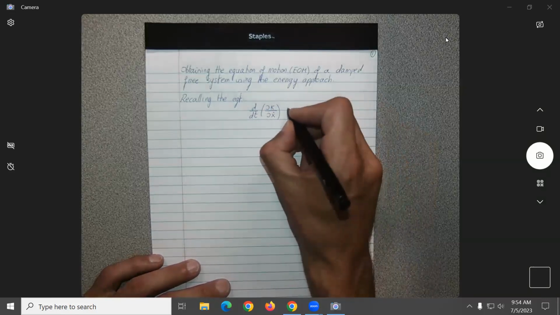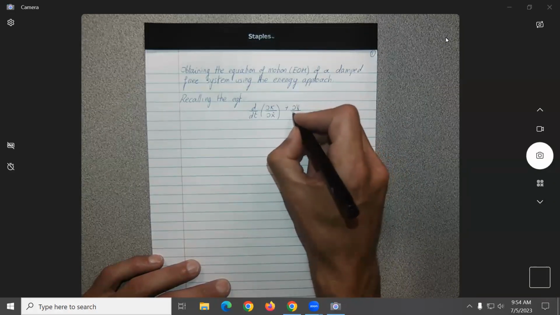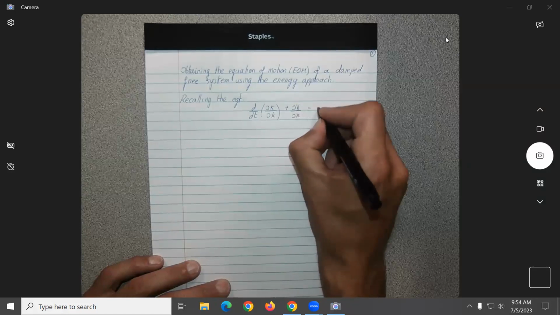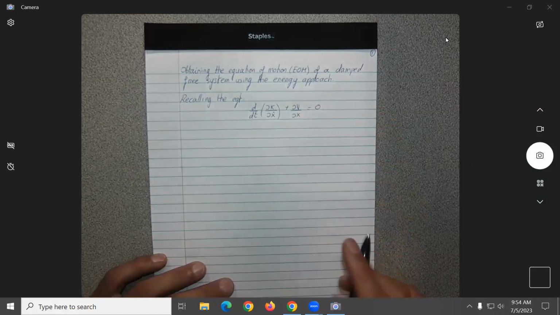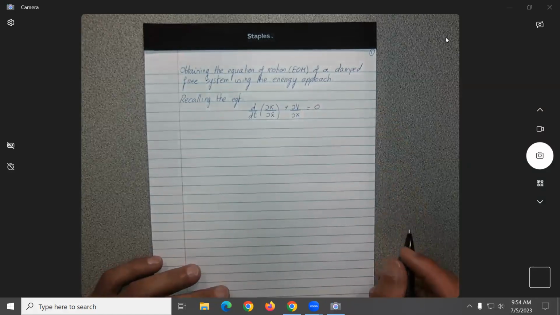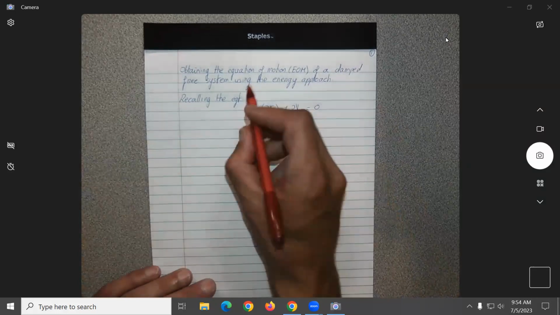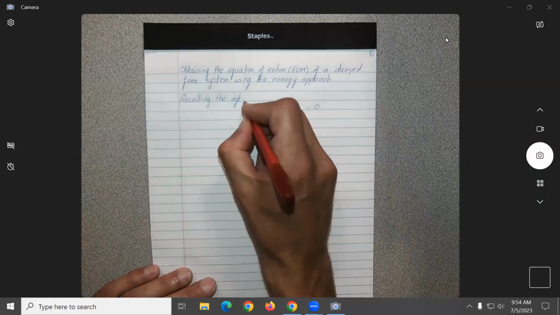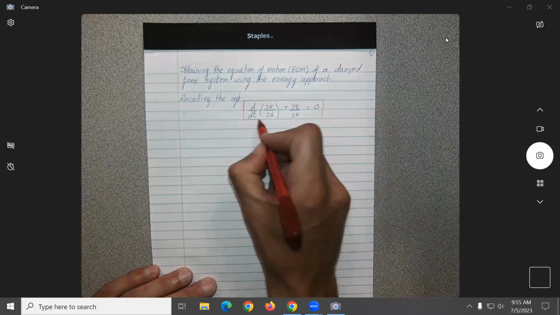Okay, so I think we use this one plus partial V, this will be the potential energy, partial x, equal to 0. Is that the equation we had? Okay, if you move it to the other side, it will be the same thing. Generally, the way I will do it, I will still use this one, and then I will add the damping at the end.